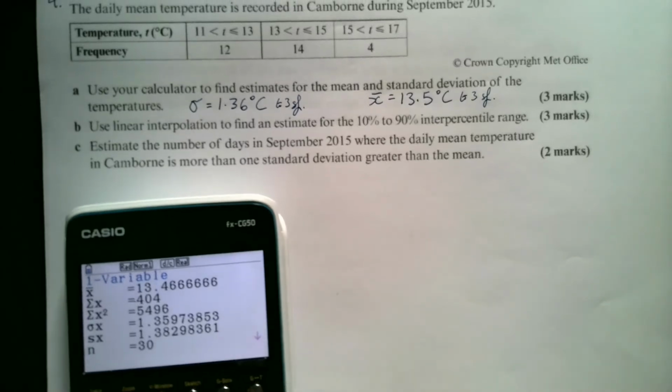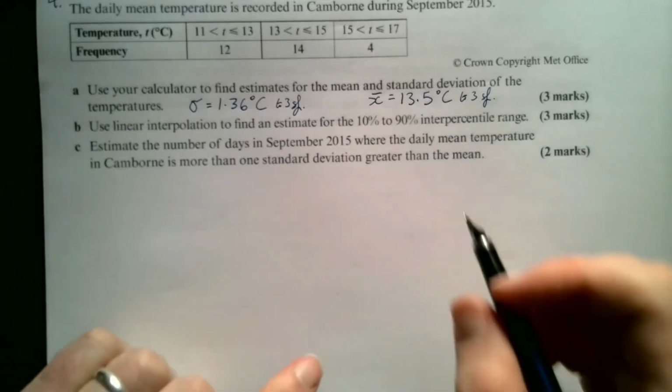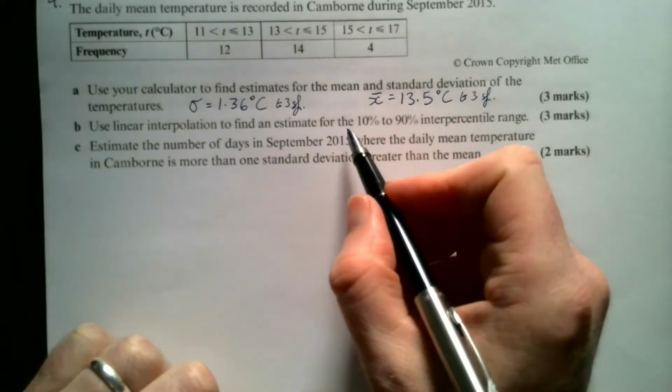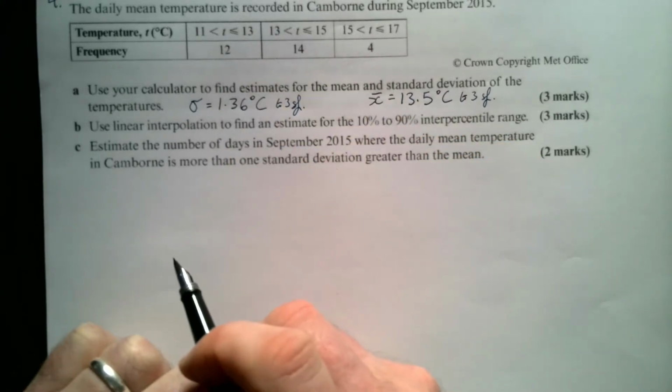Okay, now use linear interpolation to find an estimate next for the 10% to 90% interpercentile range. So we need to find where 10% is and where 90% is within here.